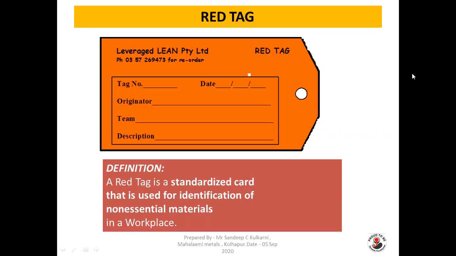You can see here a tag made for red tag area or red zone area. So what is red tag area or red zone area? It is a standardized card that is used for identification of non-essential material in workspace management. So it is non-essential material kept at a specific area with proper identification.